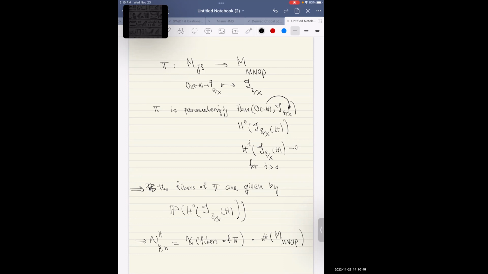Okay, so N_{H,beta,n}, which itself is defined as the integral over the Hilbert scheme of the virtual class, is equal to the Euler characteristic of the projectivization of H^0 of I_{Z in X} twisted by H, times the integral of the virtual class of the MNOP moduli space in the Calabi-Yau variety X. So this is remarkable because now we can see our invariants are related to ideal sheaf invariance. So we can calculate that.